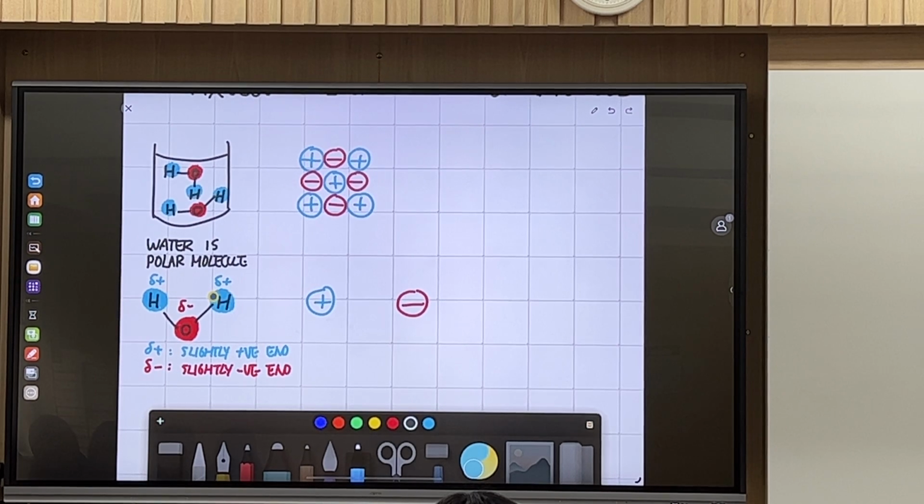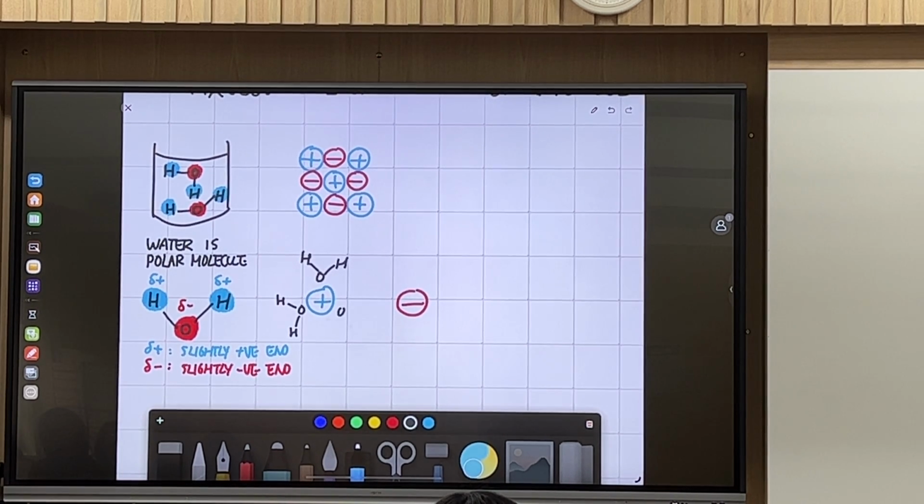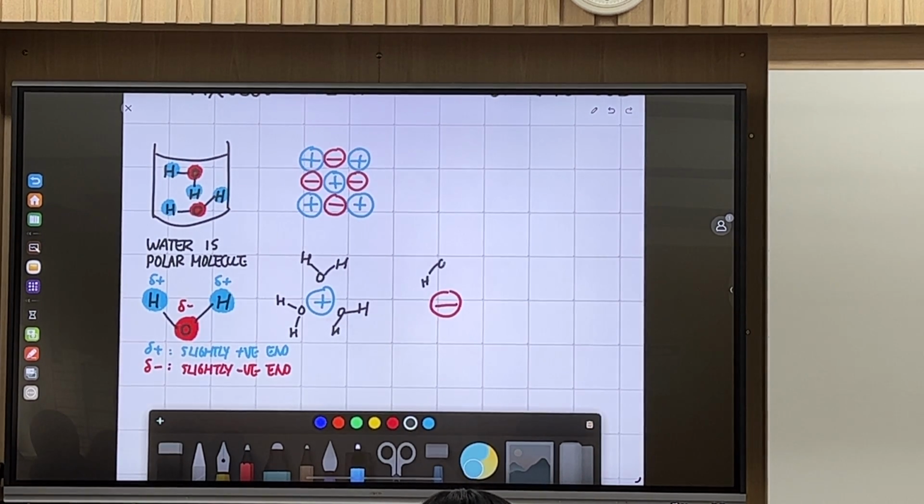So can you tell me which end of water would move closer to the positive ion? Oxygen, right? Okay, oxygen. So just draw 3 water molecules around, aligning the water this way. And then the negative ion, they will have the hydrogen atom surrounding the negative ion.